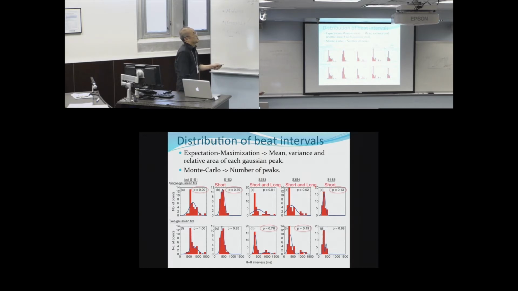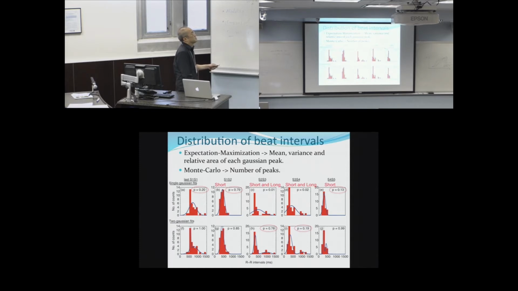Basically, first we applied the expectation maximization method to calculate the most likely mean and standard deviation for a single Gaussian curve for each one of these 5 distributions. And then we used a Monte Carlo method, using these distributions to come up with 1,000 random distributions based on these Gaussian distributions, and saw how well those fit relative to the actual experimental data.